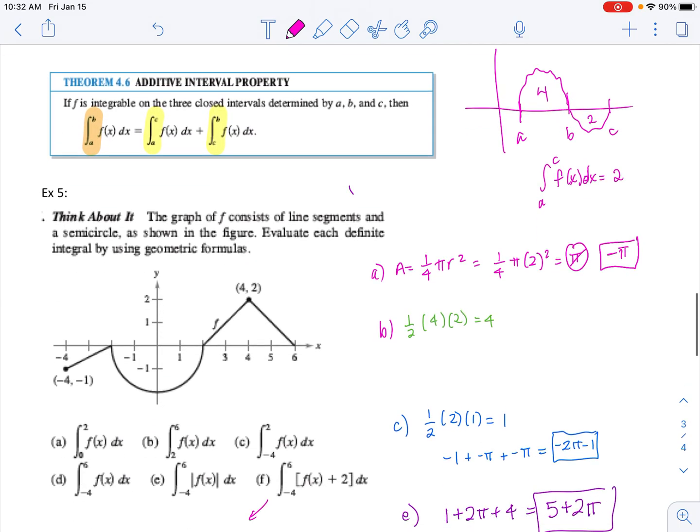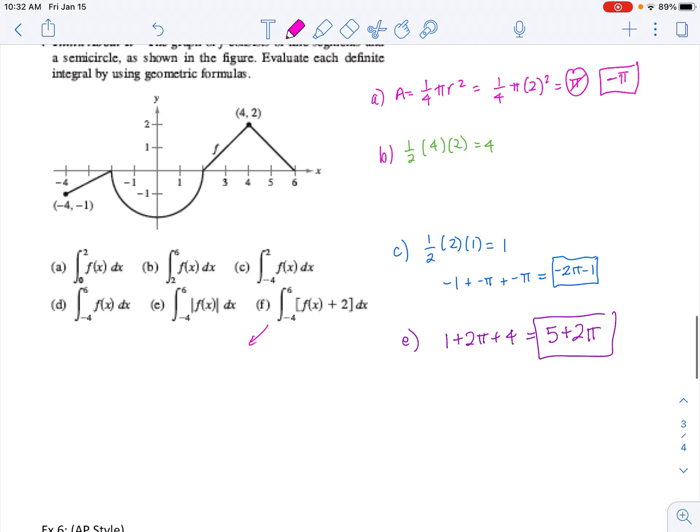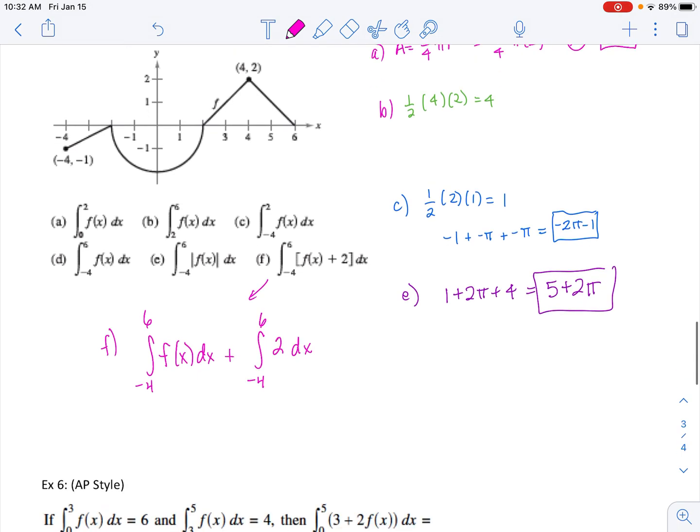So we're going to go back down here and let's split this up into 2 ideas for letter F. We're going to do -4 to 6 of f of x, that's the first part of that integrand, and then we're going to do -4 to 6 of the number 2.